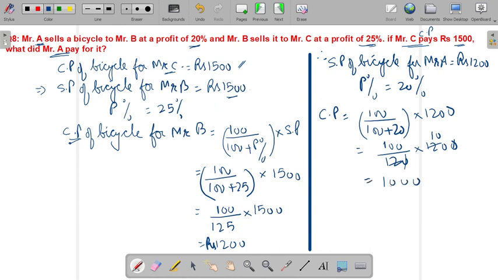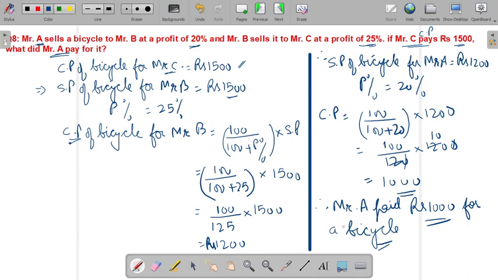This is coming as 1000. So this 1000 rupees will be the cost price for Mr. A. Therefore Mr. A paid rupees 1000 for a bicycle.